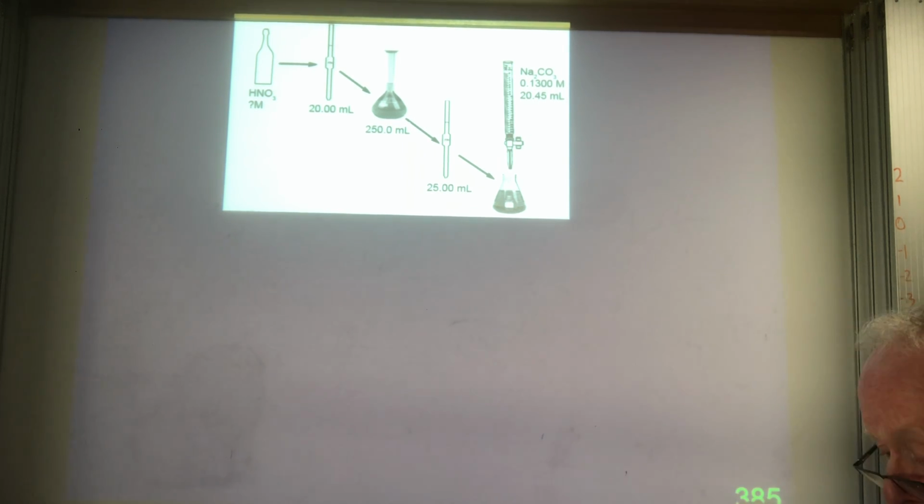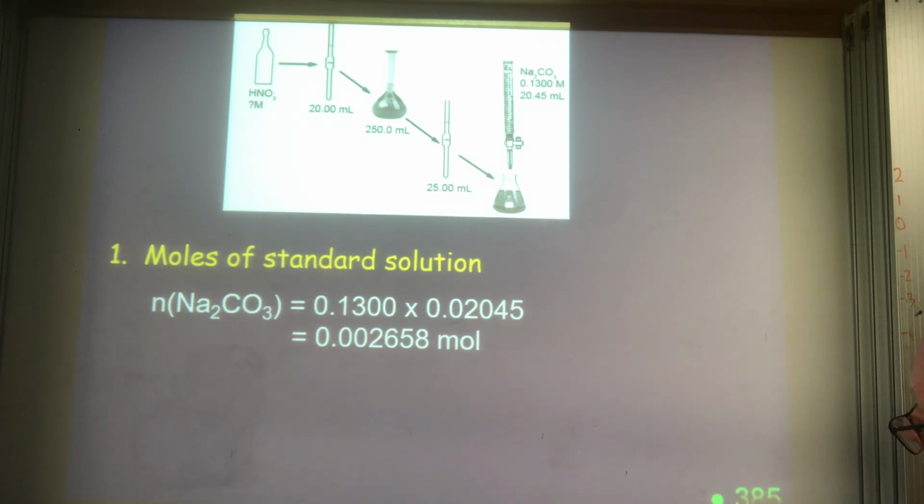Now, going through the calculations, it's not that much more difficult when you've actually got all that there. So we start off with moles of our standard solution. It's easy. We want to get to moles of our unknown.